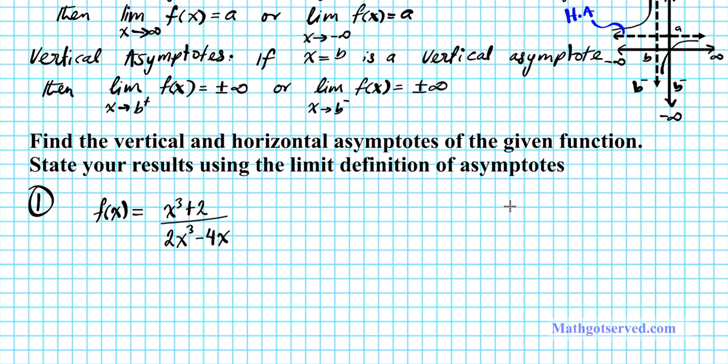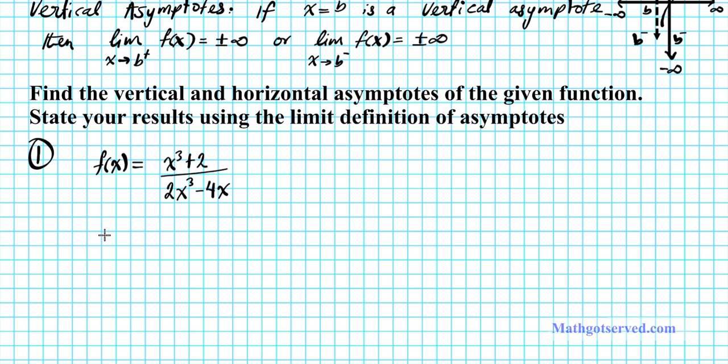Let's find the horizontal asymptote first. The horizontal asymptote is asking what the function is approaching as x approaches infinity or negative infinity.